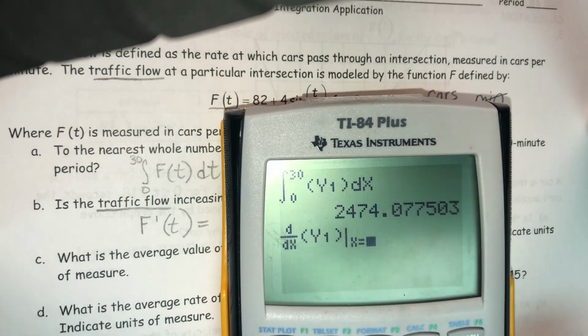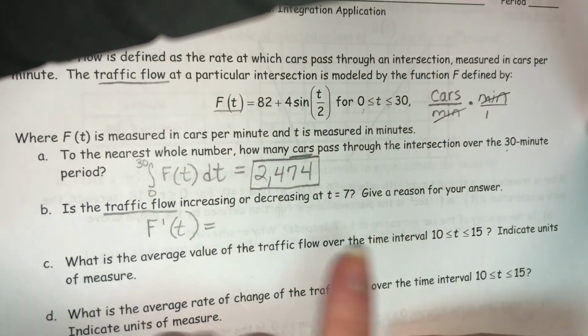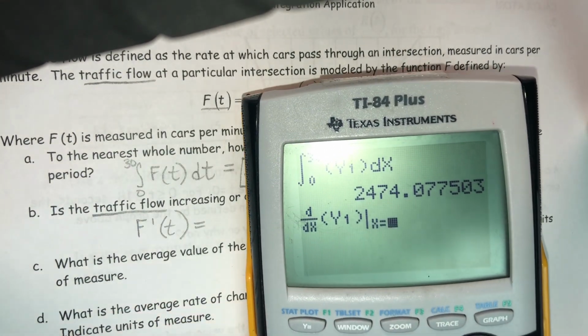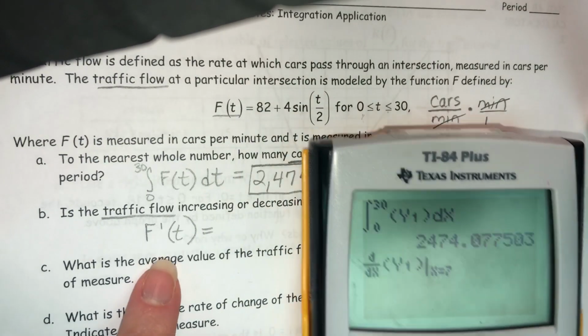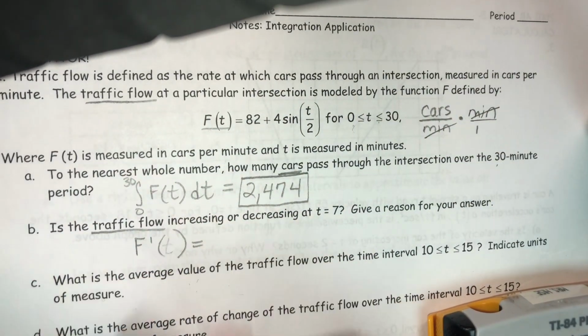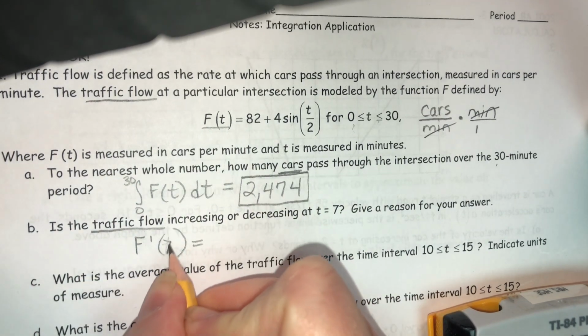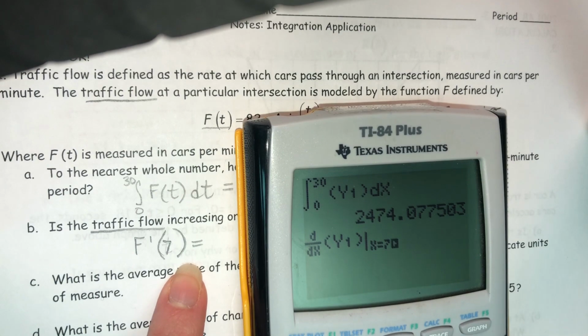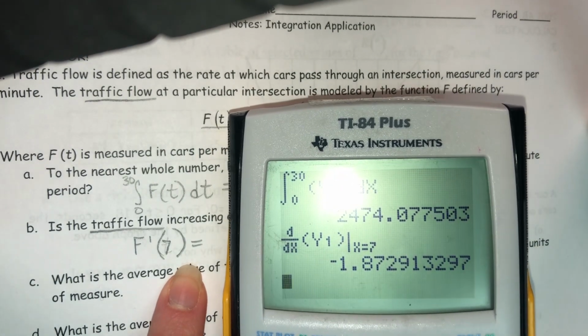So I've got my function pulled in just like I did before. And we're wanting it at t equals 7, so such that x equals, and type a 7 in here. Oh, and right here I should not have f prime of t, I should have f prime of 7. Sorry about that.